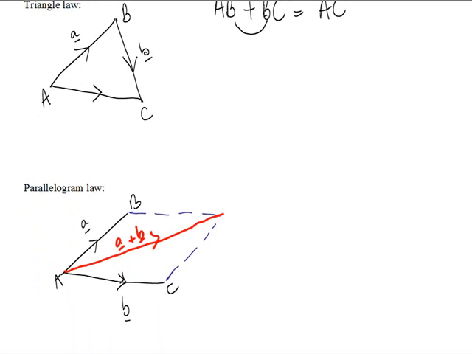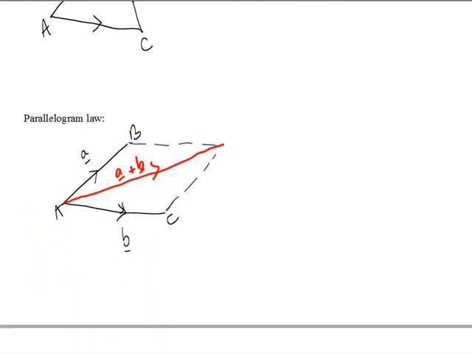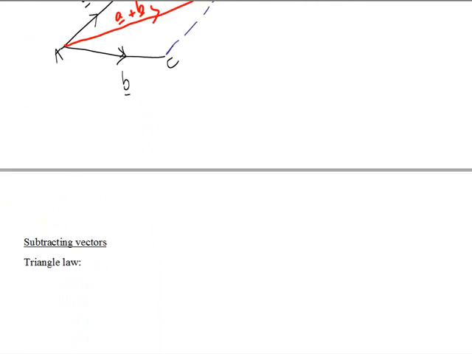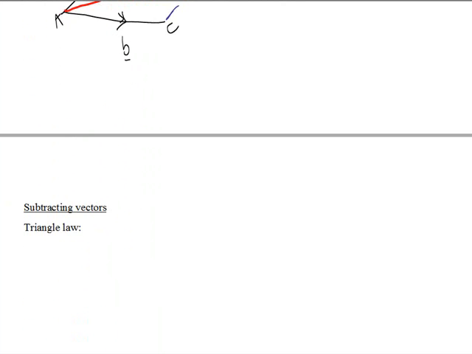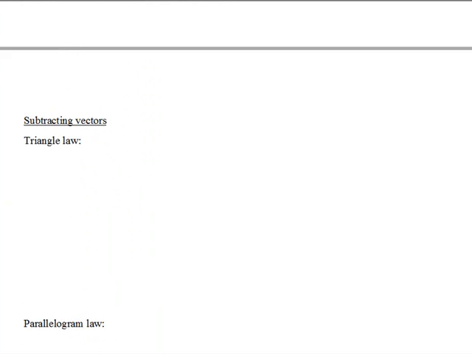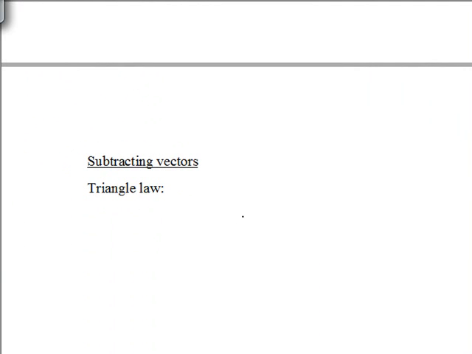Okay, let's subtract vectors now. Again, I will illustrate the subtraction of vectors using both the triangle and the parallelogram law. Okay, so what if I gave you, so let me just say I want to illustrate A minus B. Okay, that's what I want to show.